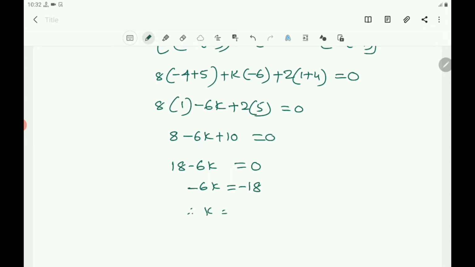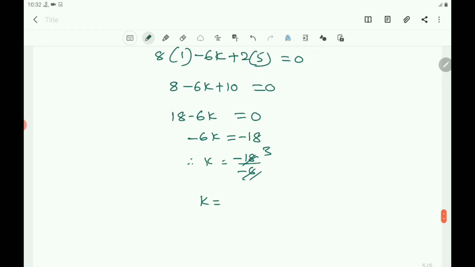Therefore k equals minus 18 by minus 6. You know that minus by minus becomes plus. 6 threes are 18. So you got k equals 3 here. The value of k is 3. In this way we got the value of k with the help of the area of a triangle.